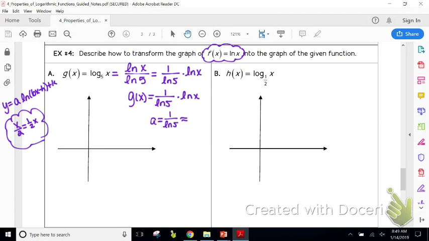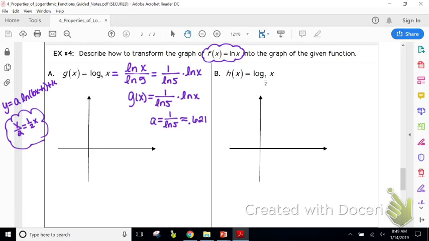So a is approximately what number? How can I find that? I can put it in my calculator, right? 1 divided by natural log of 5 equals approximately 0.621.